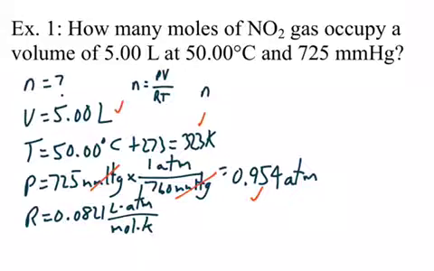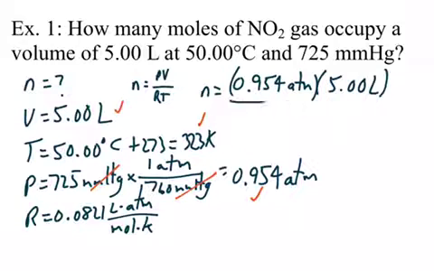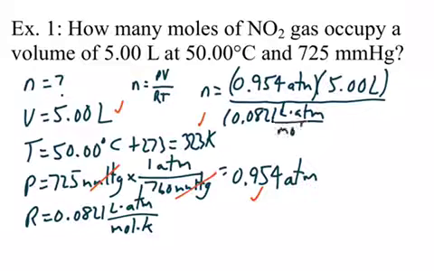So solving for N, the pressure on the top is 0.954 ATMs. Then we multiply that by the volume, which is 5 liters. And on the bottom, we have RT. Remember, R is your ideal gas law constant. That one has many units: liter atmosphere per mole Kelvin. And then we also put the temperature over here, which is 323 Kelvin.